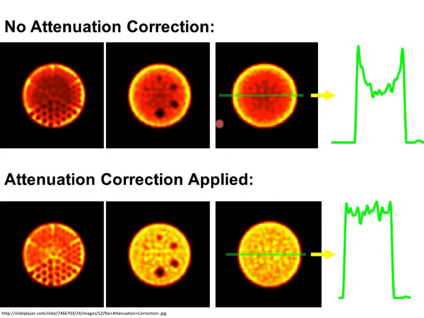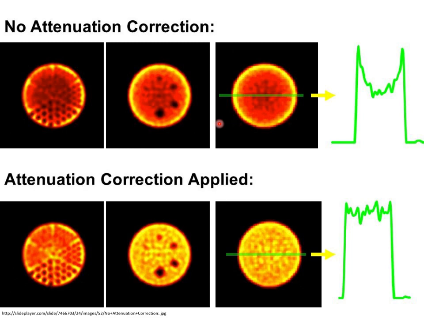We'll get into some of the details about this, but there's some corrections that you have to make, because something in the middle of the patient will look less bright than something at the edge of the patient, because all of the radiation at the middle has to go through the patient, right? And some of that radiation gets absorbed by the patient. So if I have two equal sources, the one at the edge will look brighter because it's just shining straight at the detector, whereas the one in the middle has to go through a bunch of stuff.